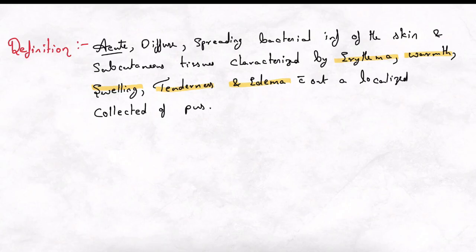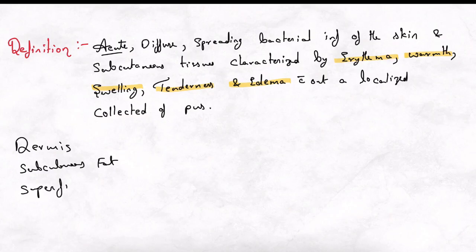How can you differentiate erysipelas and cellulitis? Cellulitis primarily involves the dermis and subcutaneous fat and occasionally the superficial fascia. Unlike an abscess, cellulitis has no well formed pus cavity. So this is the thing.